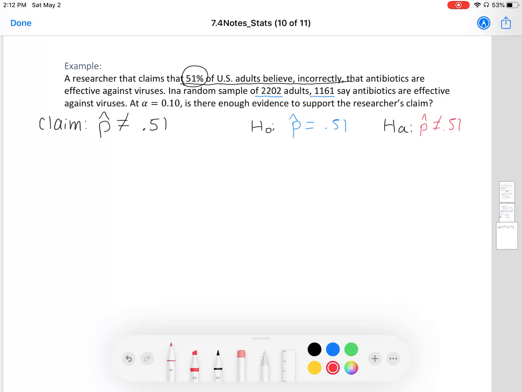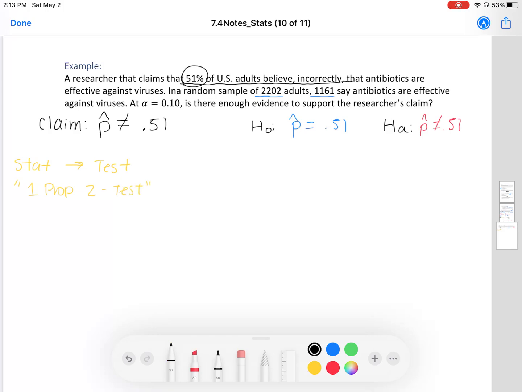So we're going to use our calculator. You want to press the button Stat and scroll until Test is highlighted. Then you want to scroll down until you find 1-PropZTest.